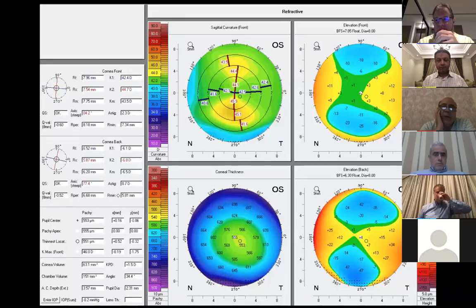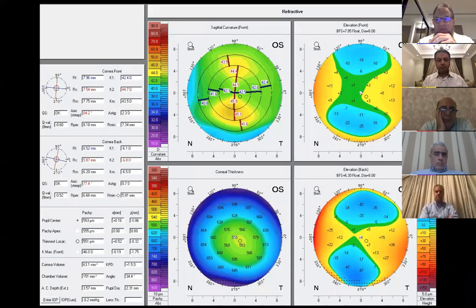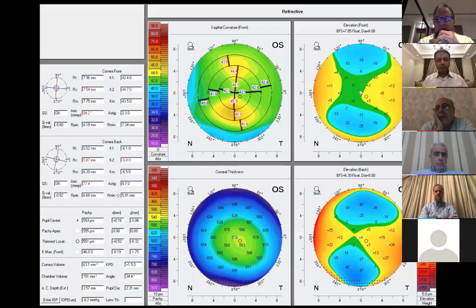It's within 0.9, and it's in the same direction. It's horizontal. So for this patient, I can go for LASIK, and you can go for SMILE. Both LASIK and SMILE are okay for this, but I'm worried about the surface ablation because he is diabetic, and diabetics are prone to infection and healing problems.